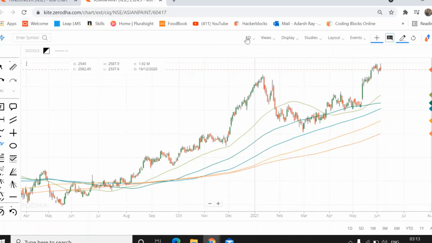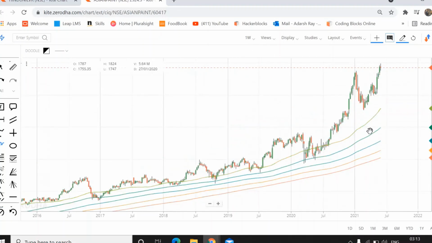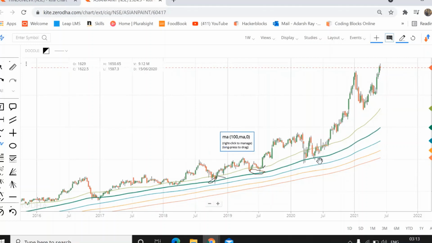If we go to, let's say, 1 week, you can see that at almost all these points they were respecting either the first one or the second one. Here it showed a bounce from the 50 days, here it showed a bounce from the 100 days moving average, and here it bounced from the 100 days moving average.